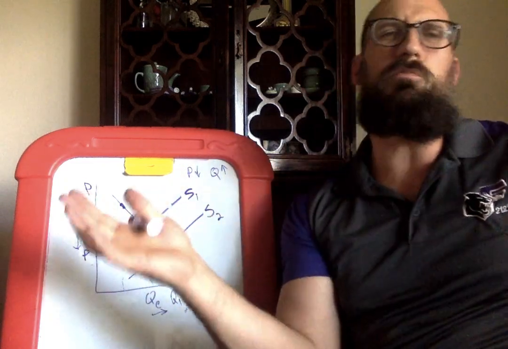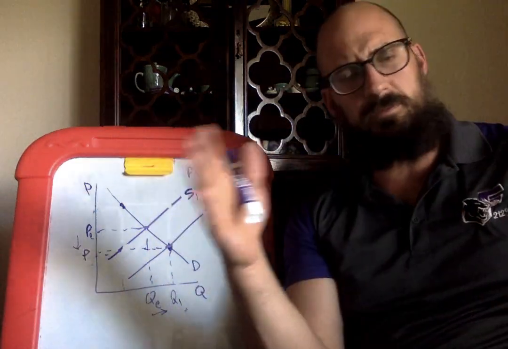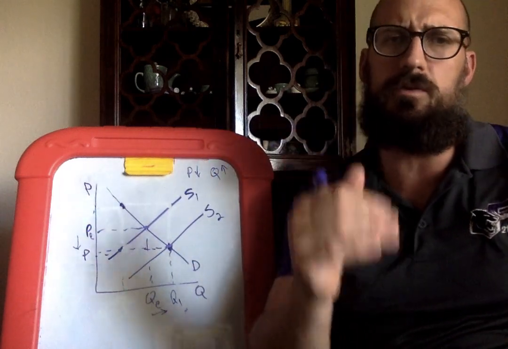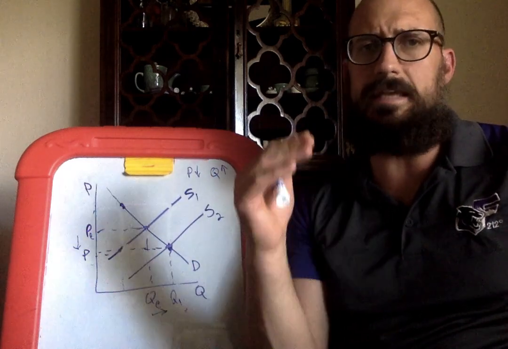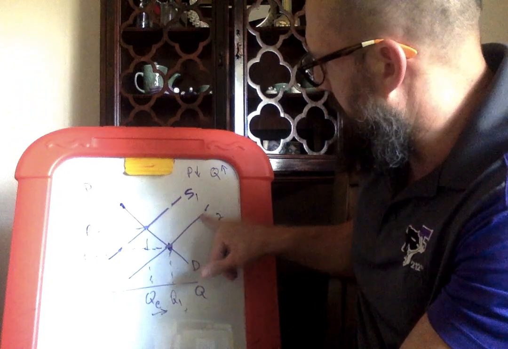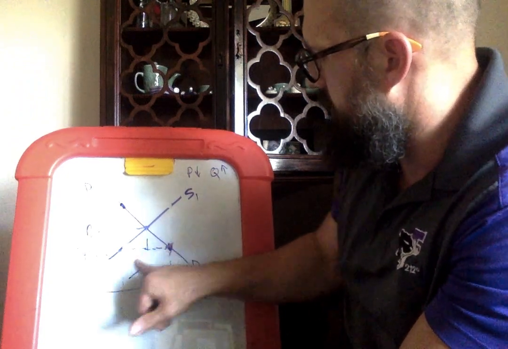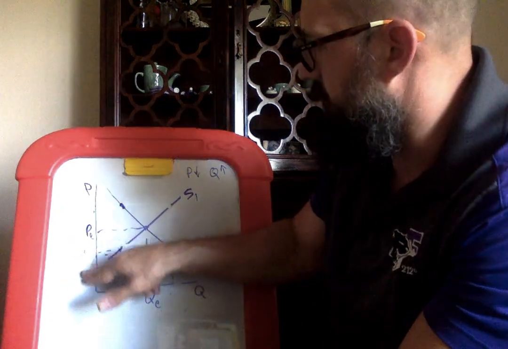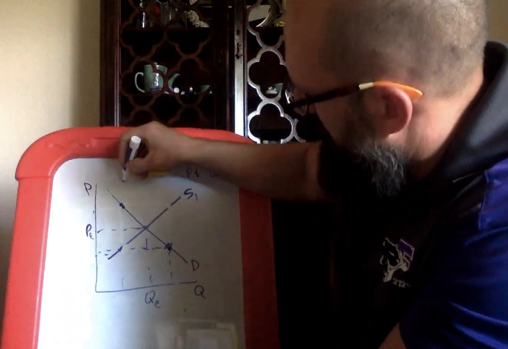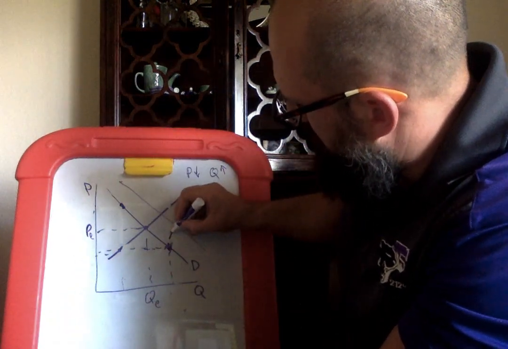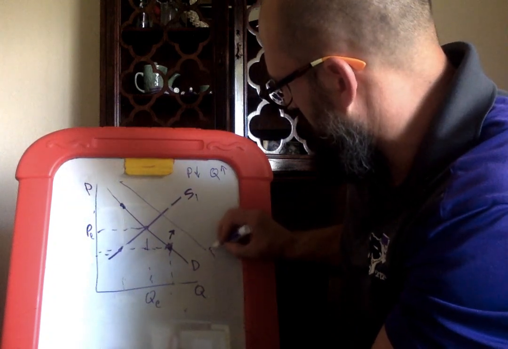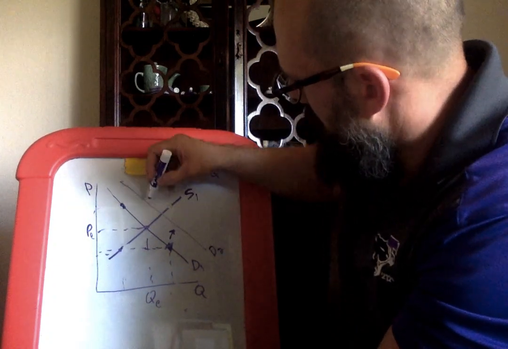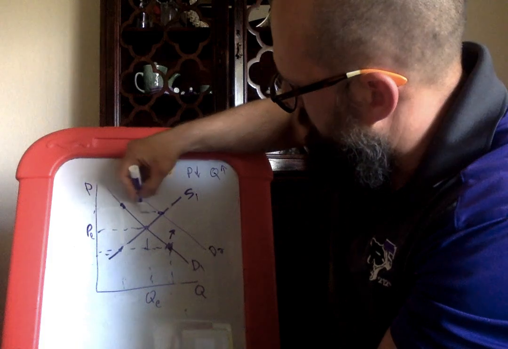So that means more people are going to move away from the Powerade market and into the Gatorade market. Well, what's going to happen here is you're going to see a shift of what? A shift of demand. And so our demand curve will increase, shifting to the right. And so we want to analyze this and see what happens.